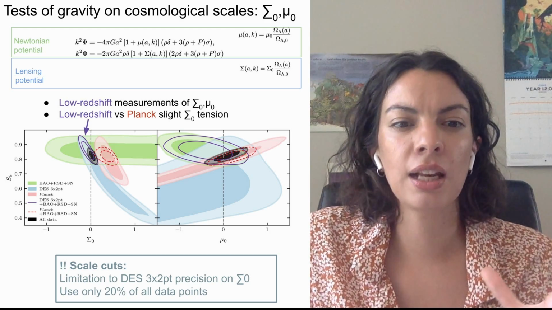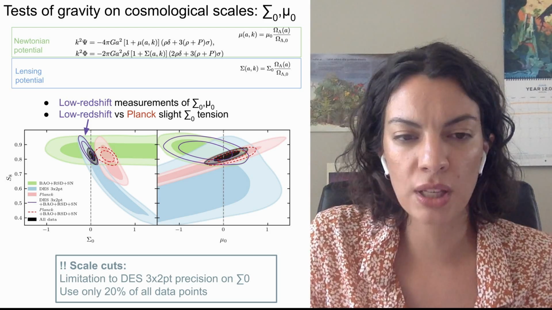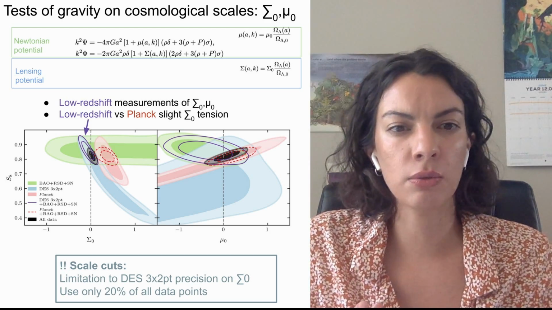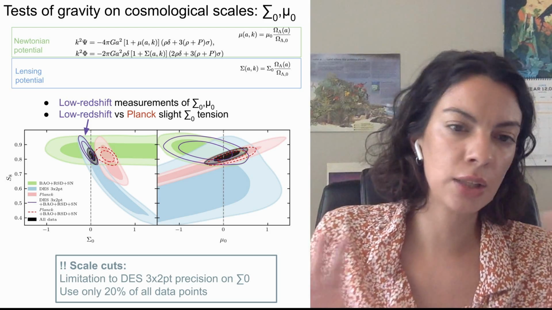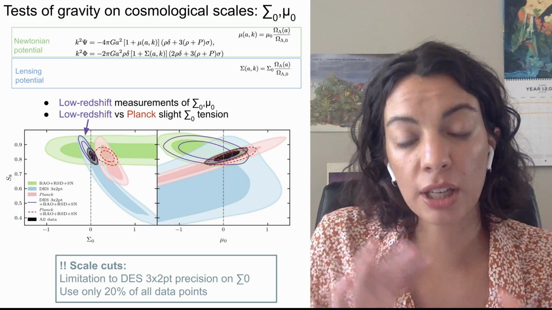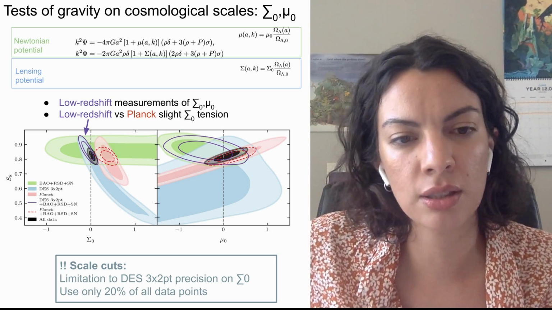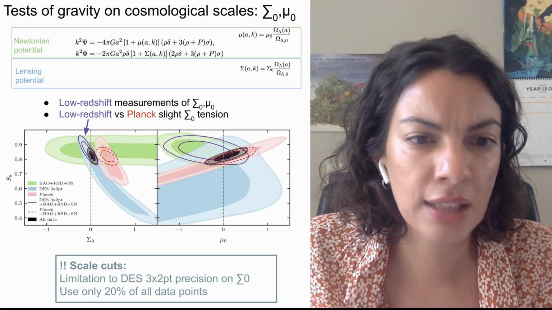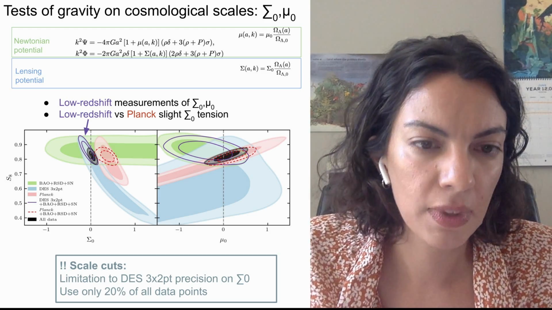And that's exactly why this model was introduced, because you can really use RSD and weak lensing, which are orthogonal in sigma and mu, and combine them to get nice tight constraints. And that's what we have here in purple.